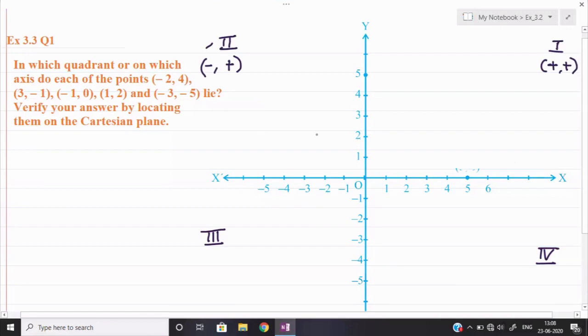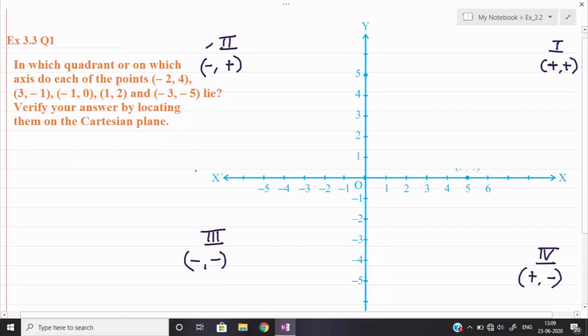Similarly, in the third quadrant, both are negative. And the last one, the fourth quadrant, x is positive while the y coordinate is negative. So here with the help of signs also we can easily find out.